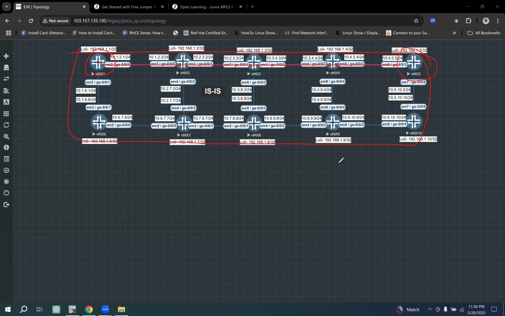If you configure traffic engineering, then your path will be different. But LDP has no traffic engineering feature, while RSVP and segment routing do. Clear? Yes, sir. Okay, so I think that's all for today about this.